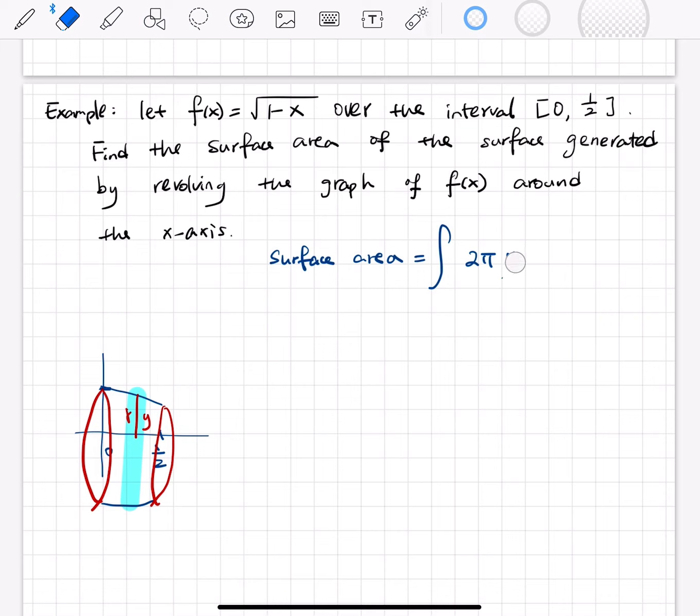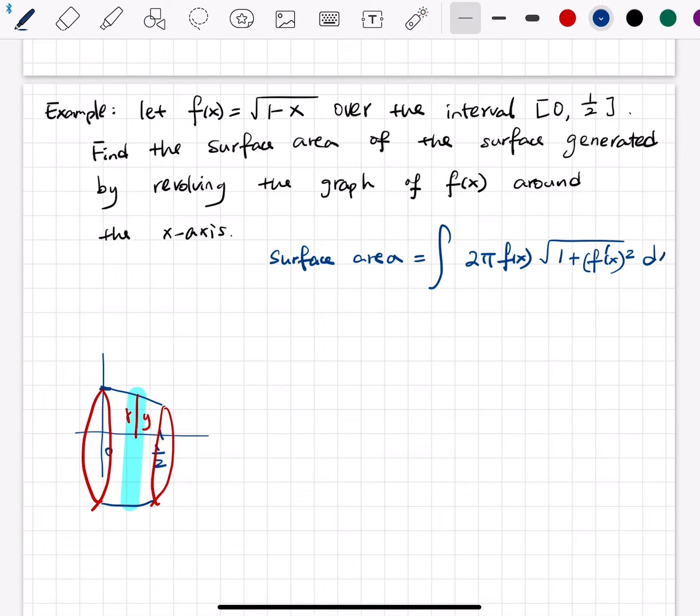I'm going to write it in terms of f of x, multiplied by the square root of 1 plus f prime of x squared, dx or dy. Because I have y equal to the square root of 1 minus x, I'm going to do dx.